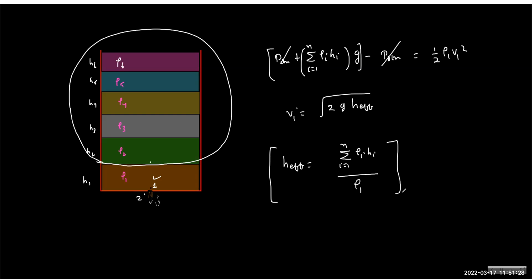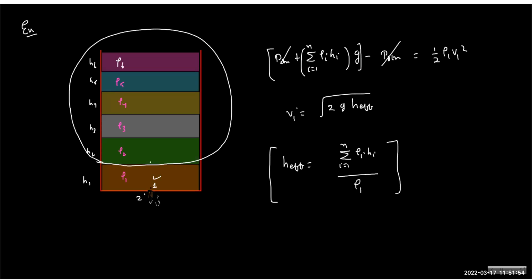If liquid 2 comes out, then whatever is left at that time is divided by rho 2, then 3, then 4, and so on. So you can always calculate the H effective separately and do the calculation. That will be easy for you. Instead of doing all the calculation, just find the H effective.